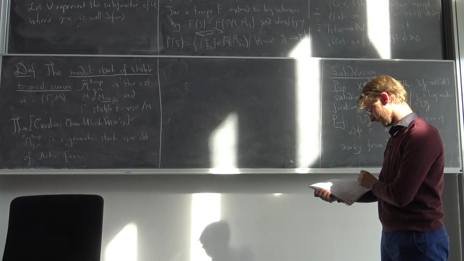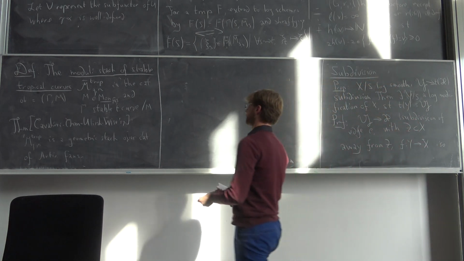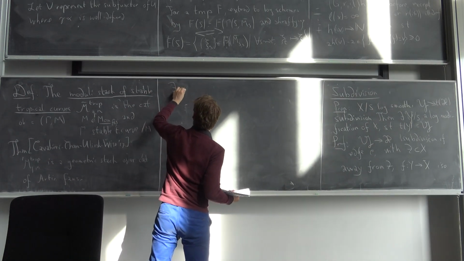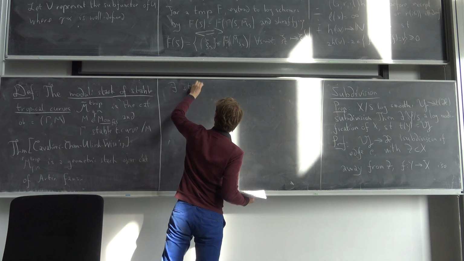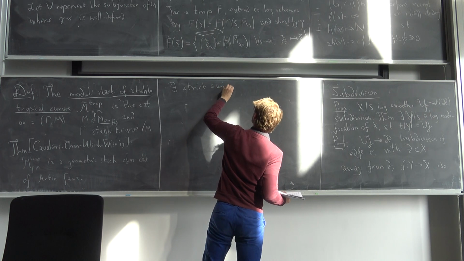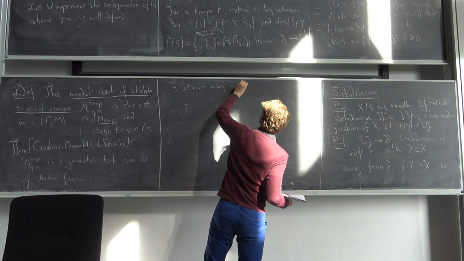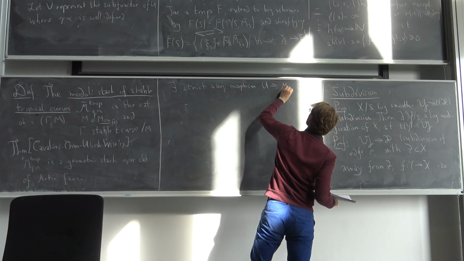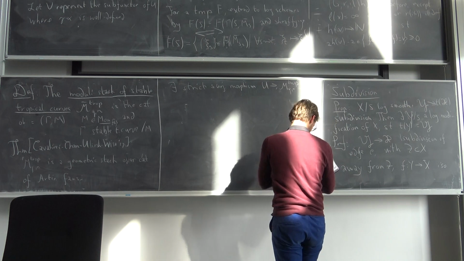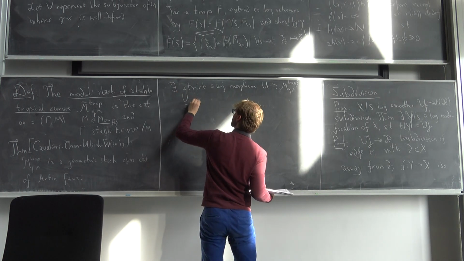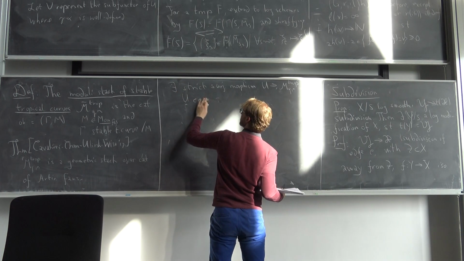The most important thing is there exists a strict surjective morphism from some U to M_{g,n}^trop, where U is a cone complex, well, Artin fan I guess.